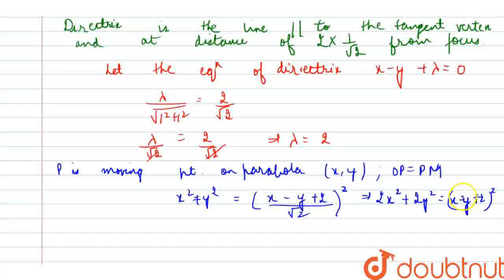Now we can also simplify it further as x square plus y square plus 2xy minus 4x plus 4y minus 4 is equal to 0. We have simplified this by applying the formula for the square of a sum of three terms, so this would be cancelled out and we'll be left with only one term. So I have reduced one step.